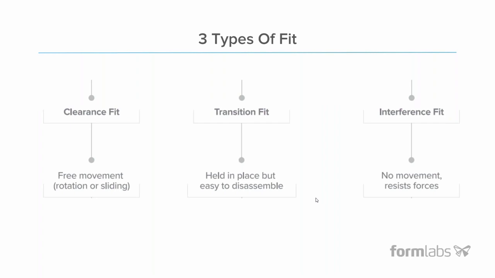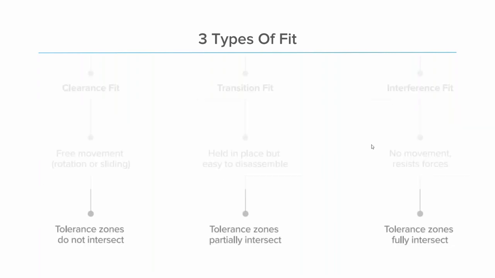A transition fit, where a part is held in place with some friction, but it's still easy to assemble. This is more like a peg in a pegboard, where you have to use some force to push that peg in and also remove it. And then lastly, an interference fit, where there's no movement and the forces are resisted. This is like a press fit.